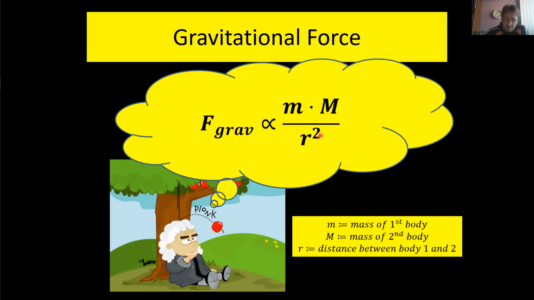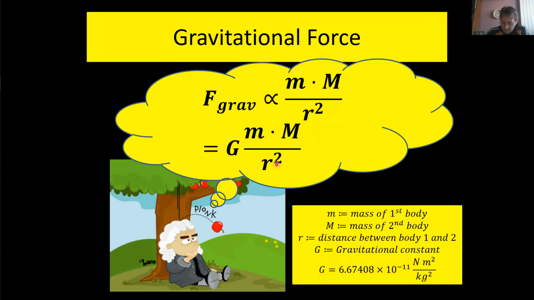So it depends, but nevertheless, in order to have this right between left and right, we need to introduce a constant, which takes care of the numerical values as well of the units. This turns out to be here the gravitational constant G. This G, we would assume is universal.